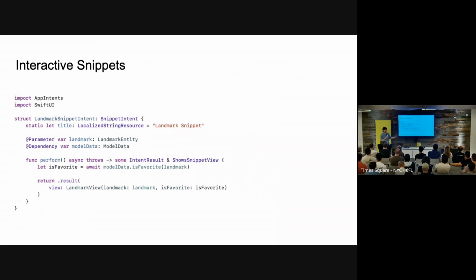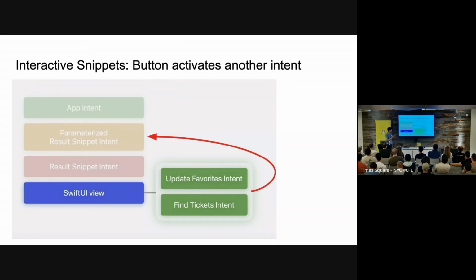And then SwiftUI's underlying diffing engine will just say, oh, I'm already presenting a landmark view. I just need to present a new one. Okay, what changed? It's just the isFavorite that changed. I'm going to animate that. Oof, very, very complicated. But under the hood, if you're a developer trying to make an interactive snippet, this is what Apple wants you to go through.